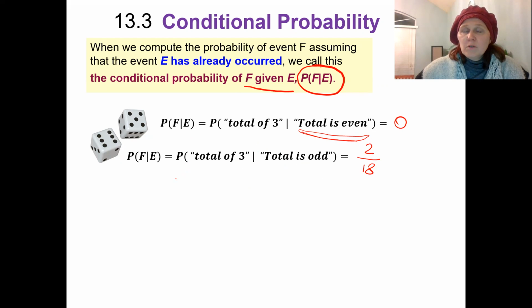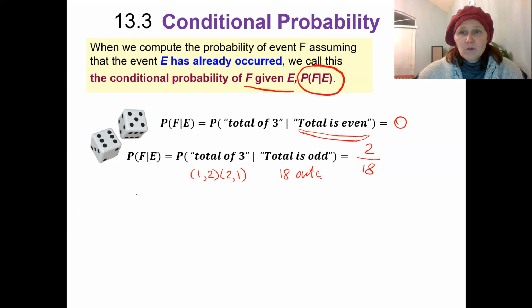Actually, when you roll two six-sided dice, there are altogether 36 outcomes, and 18 of them have odd total, 18 have even. The total of 3 can be reached only by 2 outcomes, 1 and 2 and 2 and 1. So only these two combinations of showing on 2 dice give the total of 3.